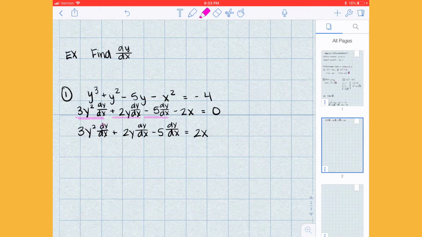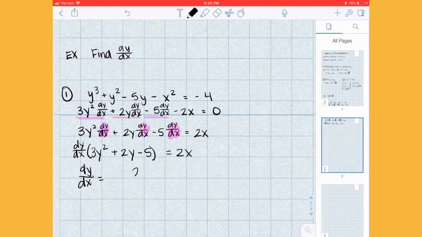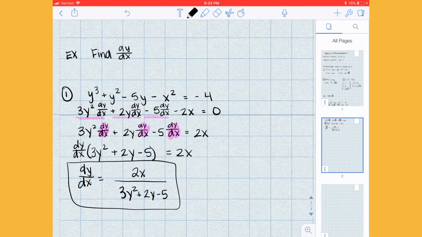I then notice that because each term has a dy over dx, that actually is a greatest common factor, a GCF. So I can take out dy over dx and multiply by what's left over, which is 3y squared plus 2y minus 5. And all of this is equal to 2x. And if I want to isolate dy over dx by itself, I'm simply going to divide out my polynomial of 3y squared plus 2y minus 5, and now I have found the value of dy over dx.